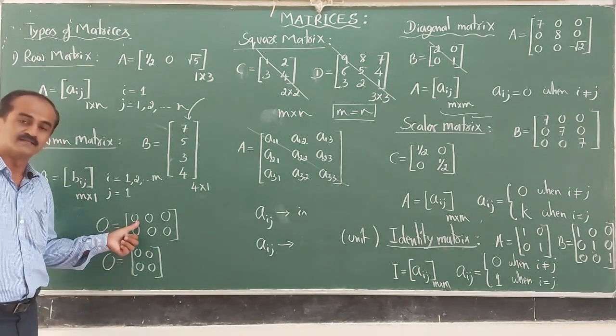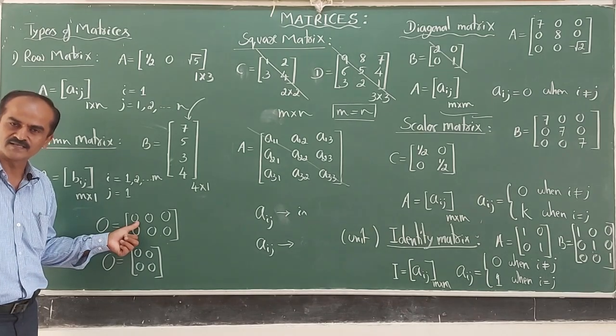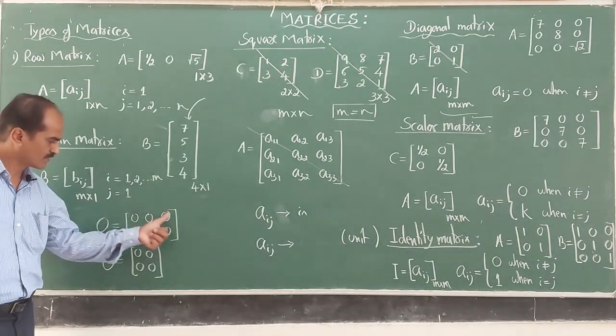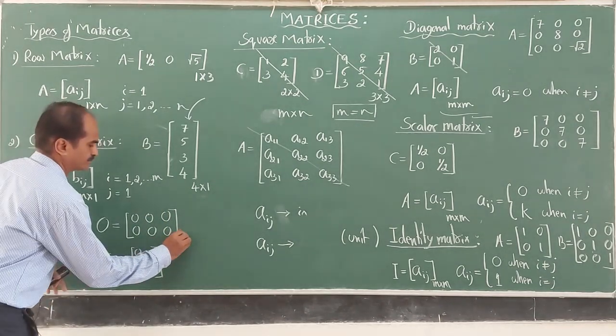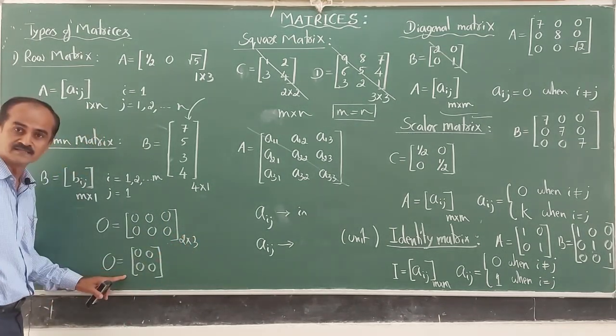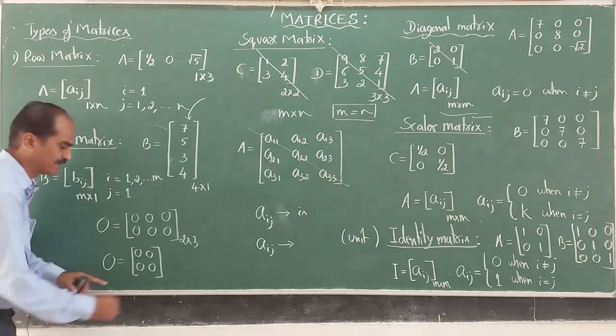So it is a zero matrix, or it is also called a null matrix, because all the entries are zero. Null matrix of order 2 by 3. It is a null matrix of order 2 by 2.